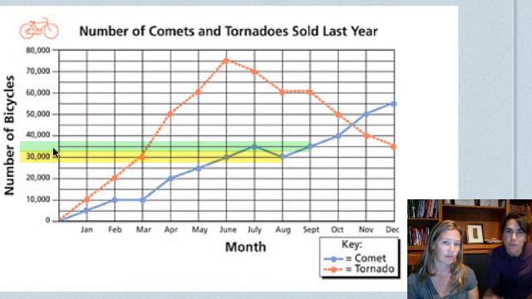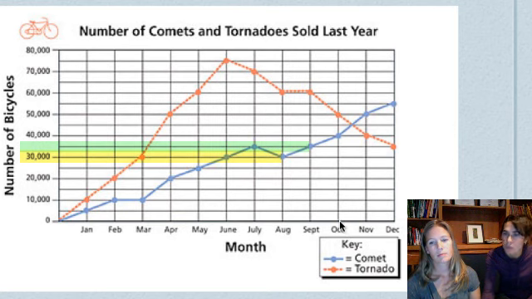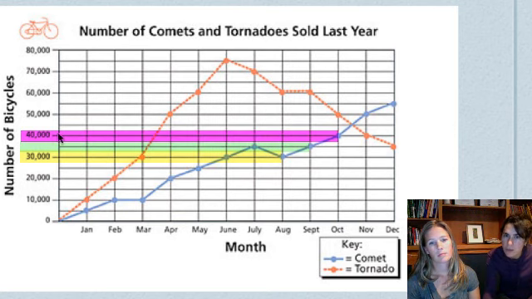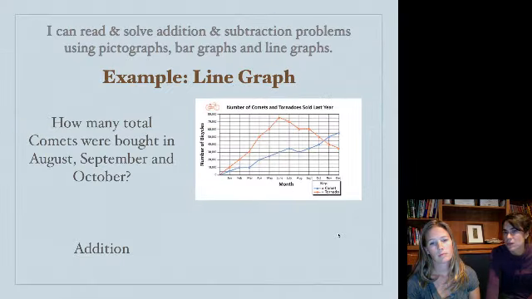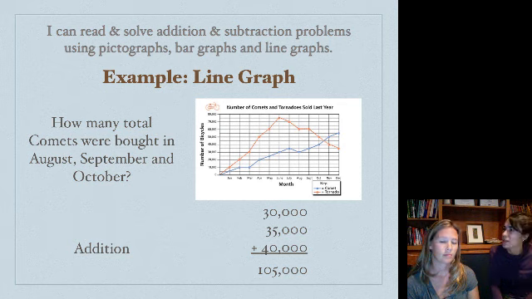Same breaking points again, that each line is 5,000, so we should have 35,000 for September. Then once again, going over for October, 40,000. So we're going to add those three numbers up, and you should have gotten an answer like 105,000.